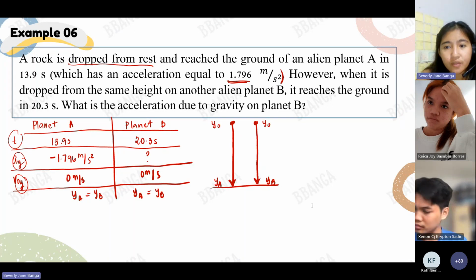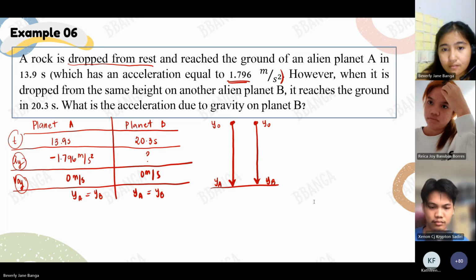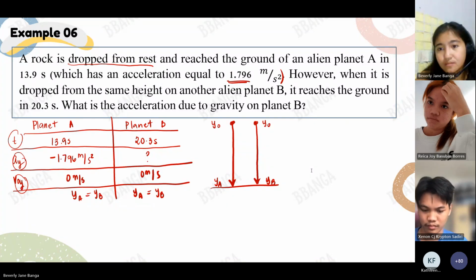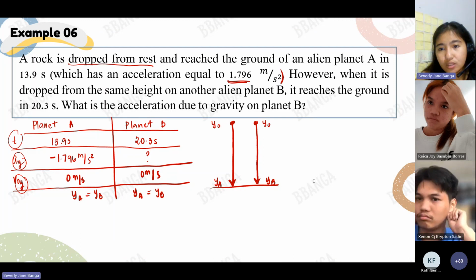Okay, are you done? If you're done, please start typing your answers. Okay? And you may now press enter para makita ko yung mga sagot. So, Nika got negative 2.62.